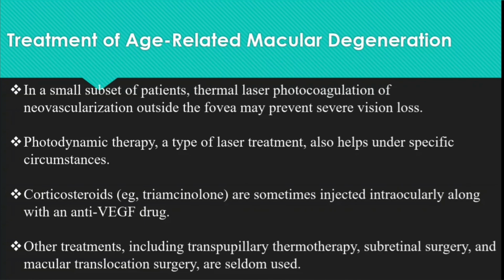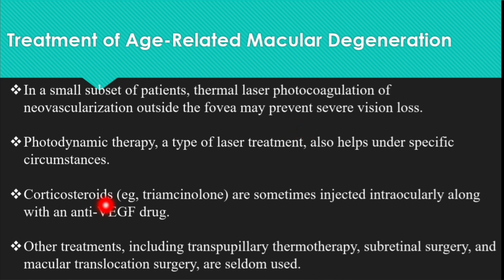In a small subset of patients, thermal laser photocoagulation of neovascularization outside the fovea may prevent severe vision loss. Photodynamic therapy, a type of laser treatment, may also help under specific circumstances.